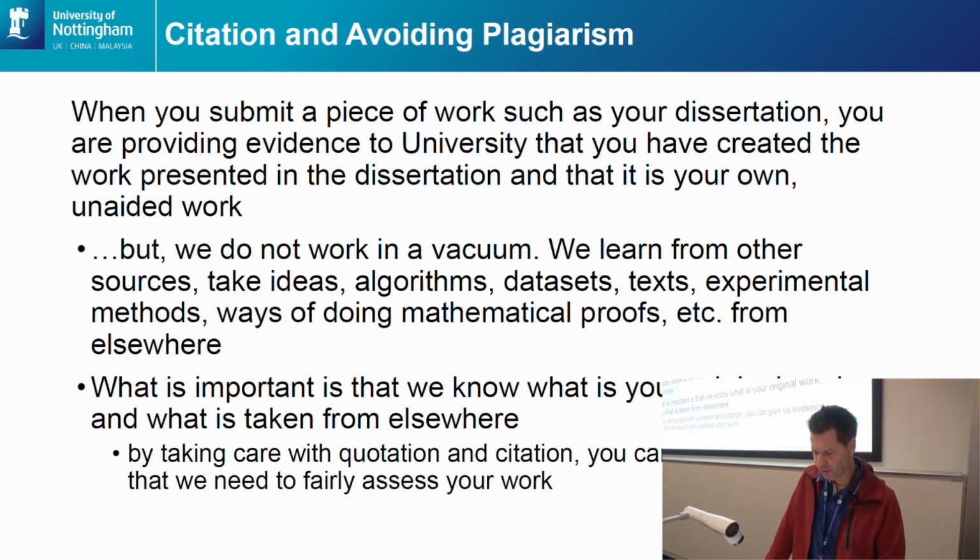So when you submit a piece of work such as your dissertation, you are providing evidence to the university that you created the work presented in the dissertation as your own unaided work. So you're going to use lots of citations. By the way, we're hoping that your coursework 3 overlaps directly with your dissertation. One of the goals of coursework 3 is to actually start your dissertation.